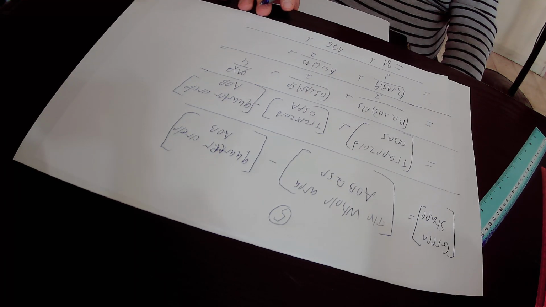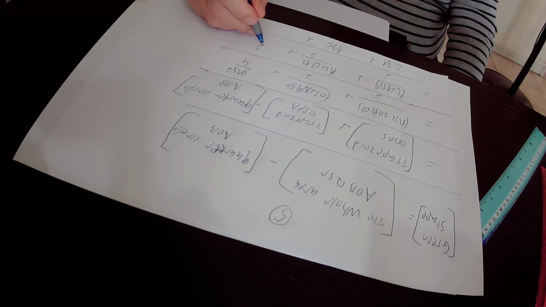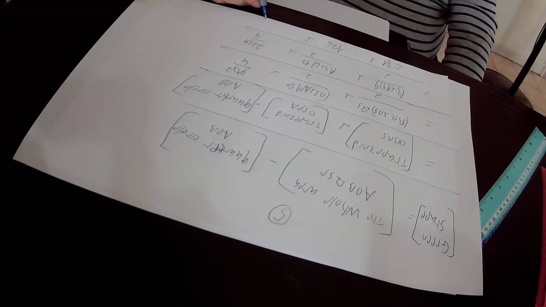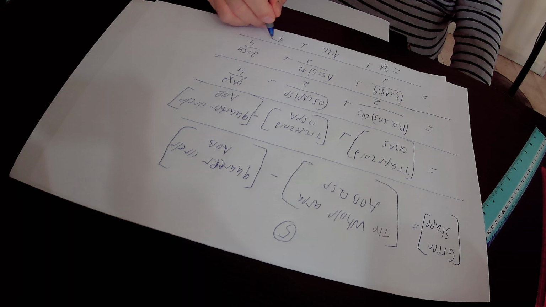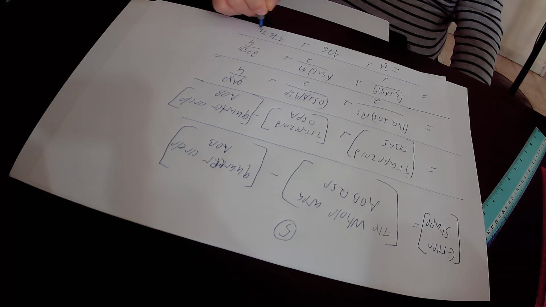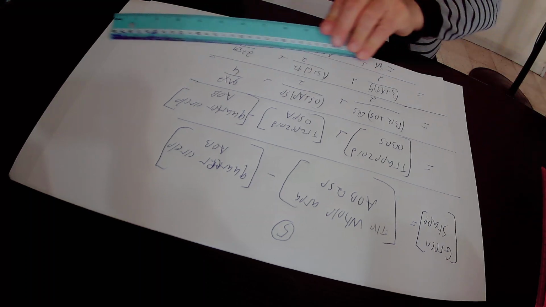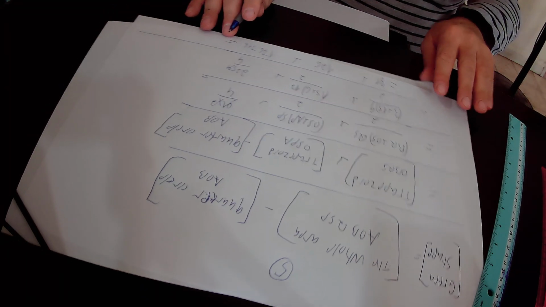X is 15, therefore x squared is 15 squared, that is 225. Therefore, the area of the quarter circle equals 225 pi over 4 square units. This equals 176.716 square units.